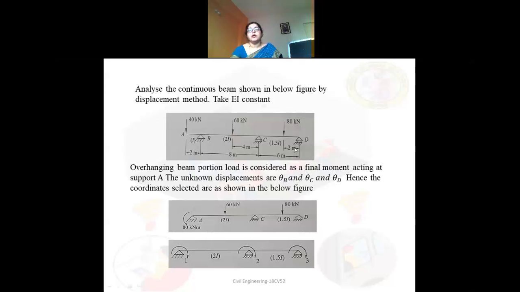Now, what is the next step? You have to assign the coordinates for these 3 degrees of freedom. Hence, the coordinates selected are as shown below.